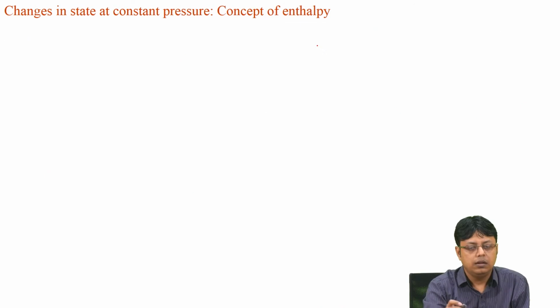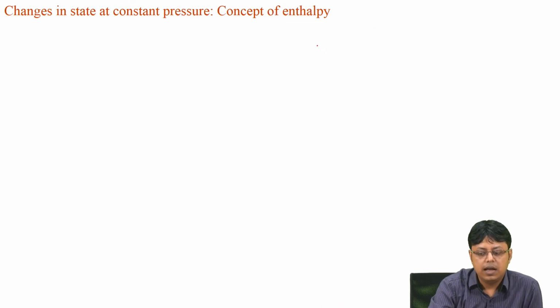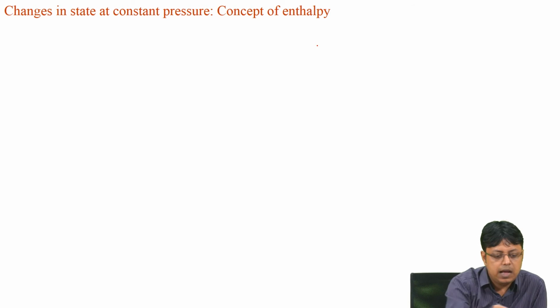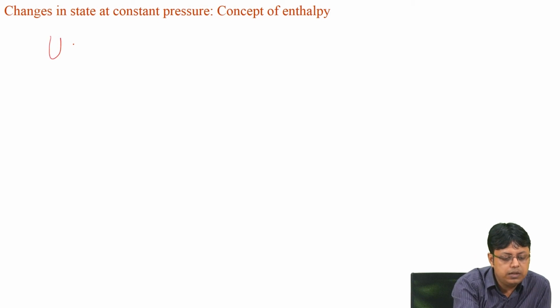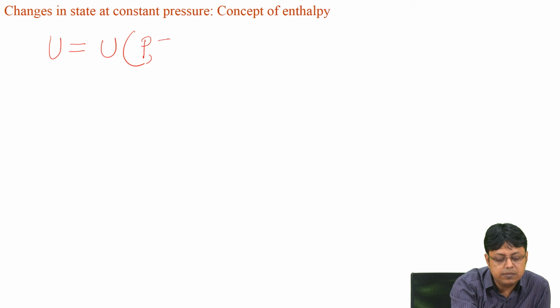Now, let us consider another process in a similar way where we would like to keep the pressure of the system constant. As before, we will start by writing the energy as a function of, instead of volume and temperature, pressure and temperature.